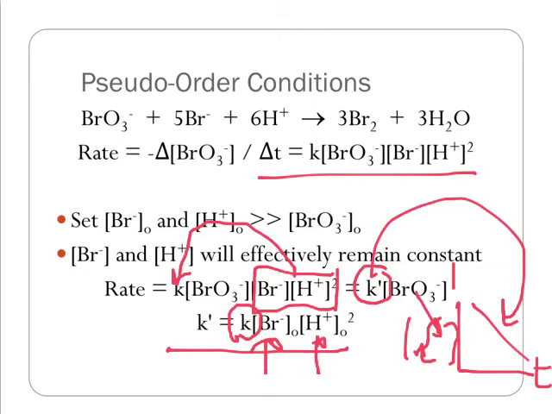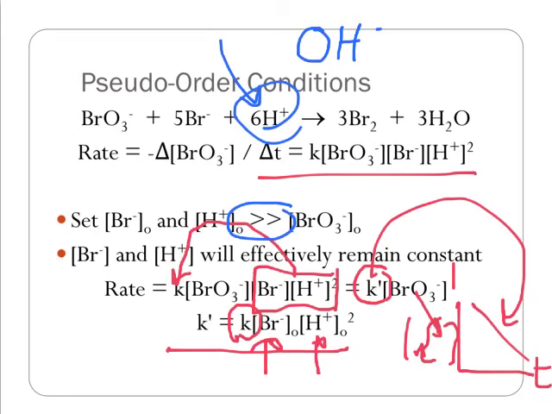You see that one of my reagents is H plus. Now one way I could make H plus behave as if it were an effective constant is to, as I showed here, maximize its concentration, have lots of H plus in the system relative to the one reagent that's still going to change. But there's a more subtle way I could keep things like H plus or OH minus to be constant concentrations during the course of the reactions.